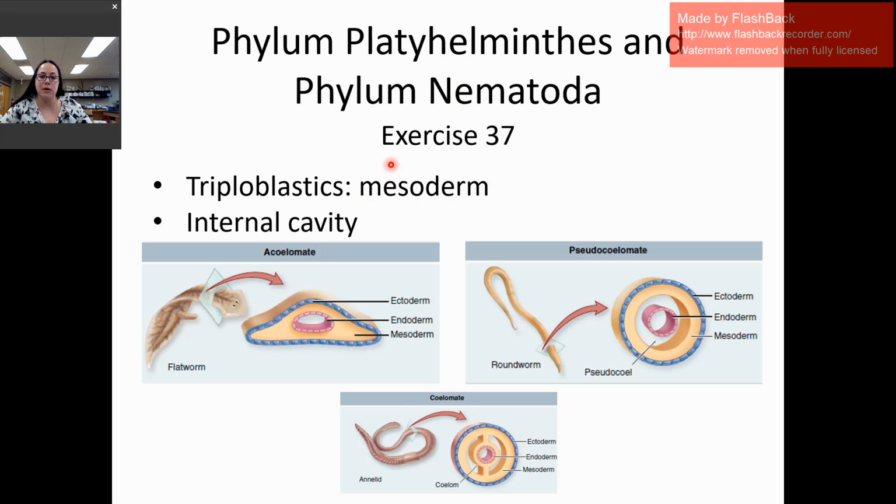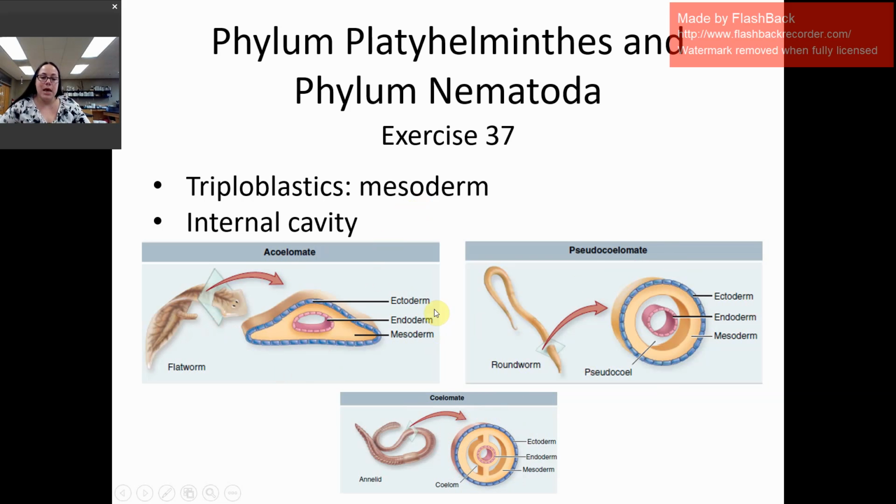This is written over here. That mesoderm is located right in between the ectoderm and the endoderm. This is what you see on the figure over here for the flatworm, and on the figure over here for the roundworm. I also added the figure for the earthworm that we will see next week.